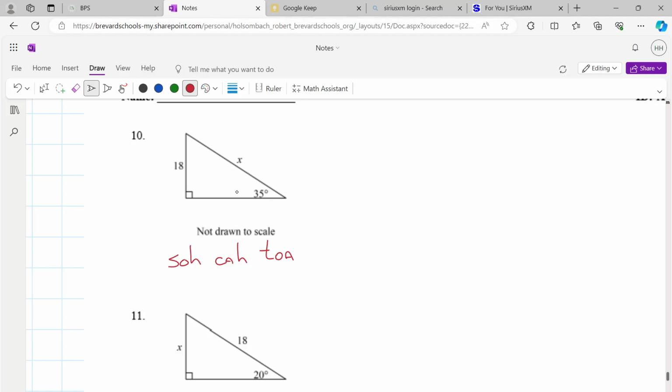All right, problem number 10. In relation to our angle, we've got an opposite side and we've got a hypotenuse. Opposite and hypotenuse is sine 35 equals the opposite side 18 over the hypotenuse, which is x. Going to multiply both sides by x.